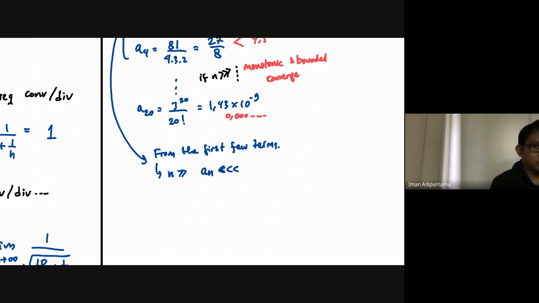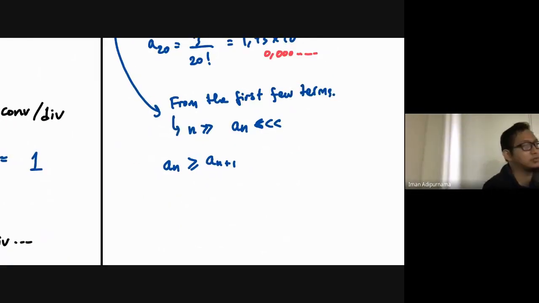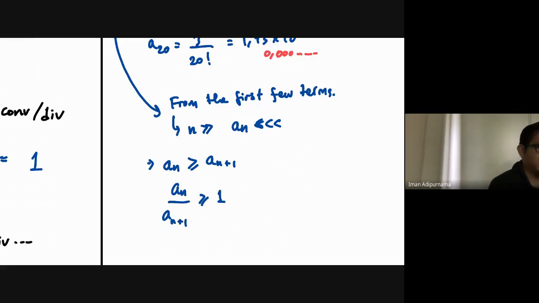So we can conclude that a_n is greater than a_n plus 1. Okay, we can conclude this case. And what we need to do is solve this using the original formula for the problem.